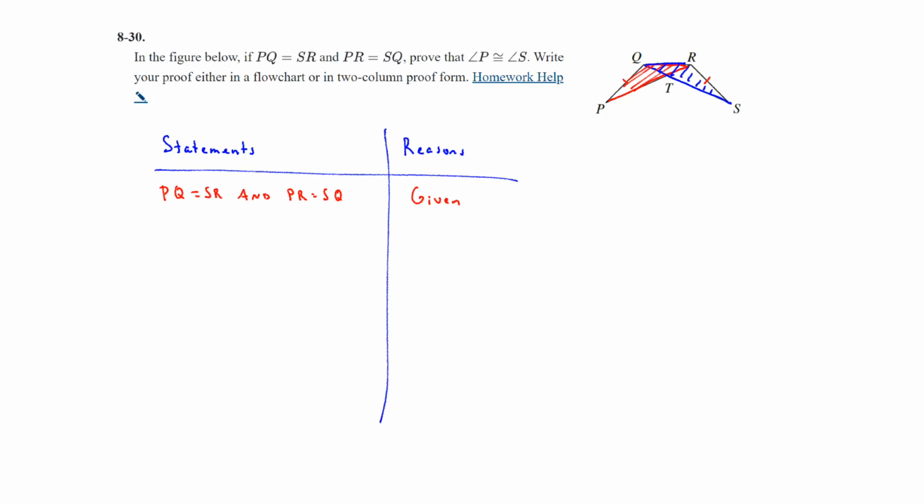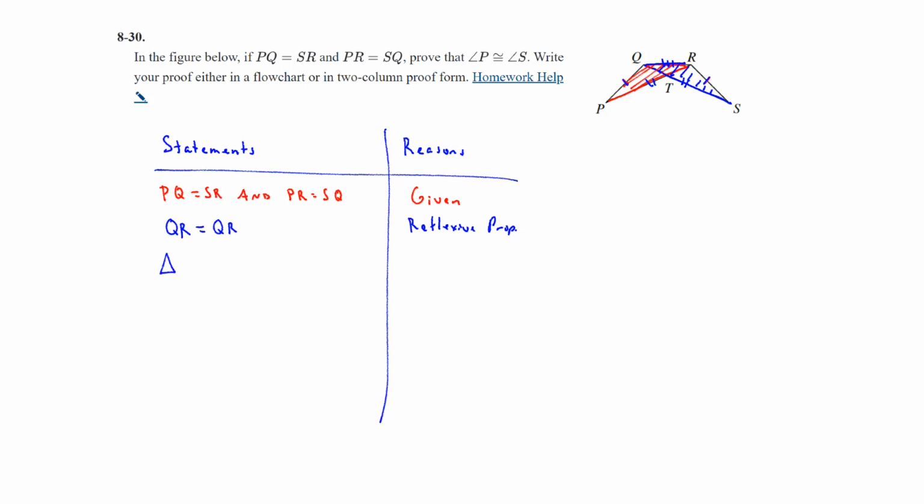So once again, we're going to say that the length of QR is equal to the length of QR, and that is by the reflexive property. Alright, and then now, since we have this side length and this side length, and we also still have this one, and now we have the third one, we have that the two triangles are congruent by side congruency.